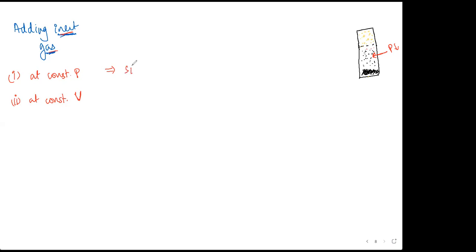So this is going to shift in the direction where the number of moles of gas increases.